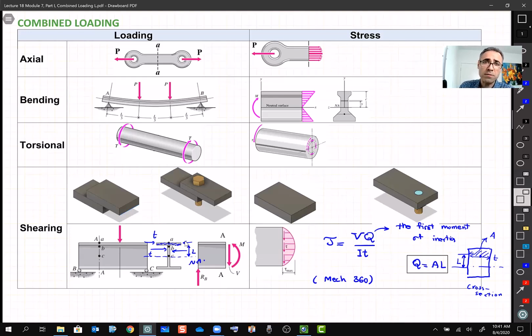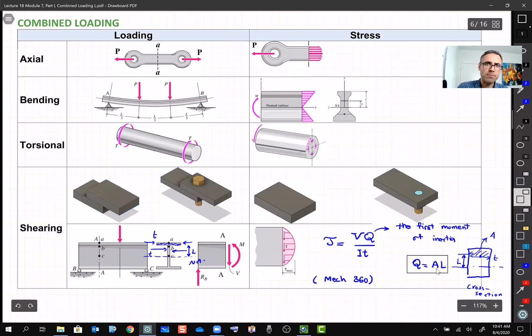The reason that we call it first moment of inertia is because if you recall this I, we call it second moment of inertia. We don't want these two to get confused. This I had a distance to the power 2, but this Q is multiplied by L.